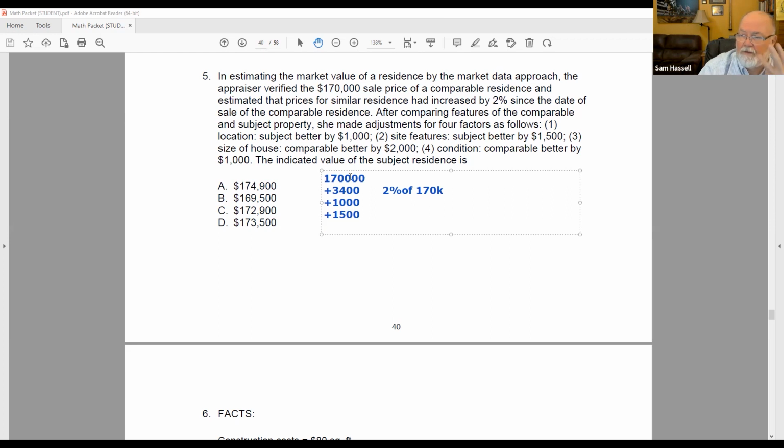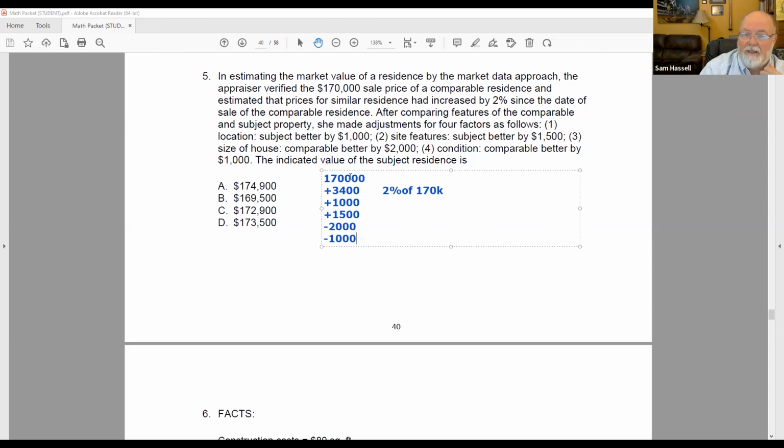All right, number 3, the size of the house. The comp is better by 2,000. So what do I have to do? I have to take it down, right? I have to lower it down. So minus 2,000. And then the last one is that the comp is better by $1,000 for condition. I'm going to take that down. I got to match mine.